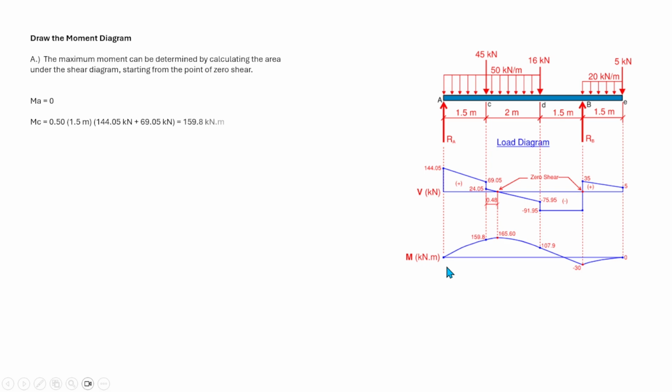Moment at point A is equal to 0, whether it is a pin or a roller. Between A and C, we have a linear shear, that is first degree. So if the shear is first degree, the moment should be second degree, which is parabolic.